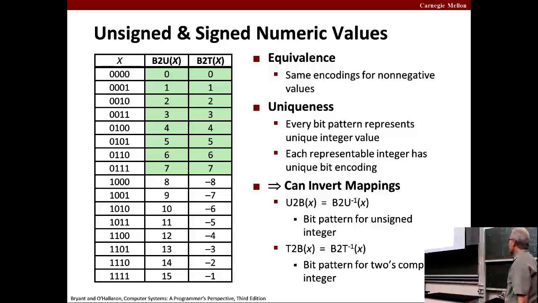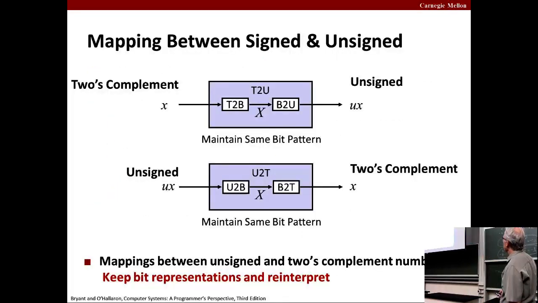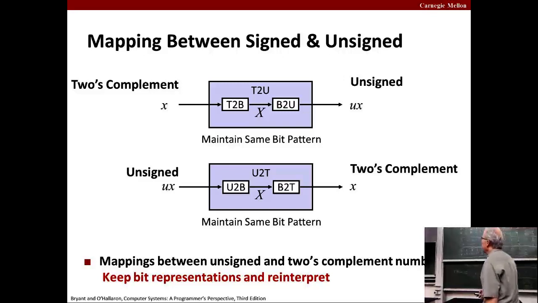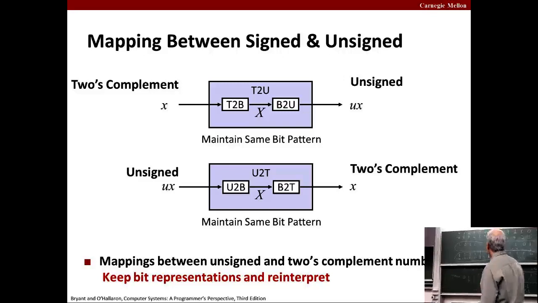So we can jump between those two and say, I can make up a rule for converting between a 2's complement number x and an unsigned number ux that basically says I'll use the same bits, I'll just think of them as being different numbers. And you can go either way.